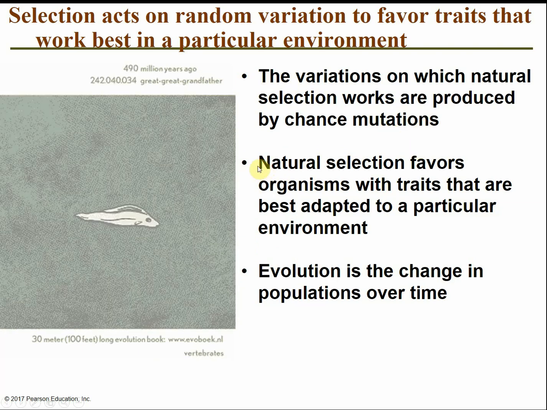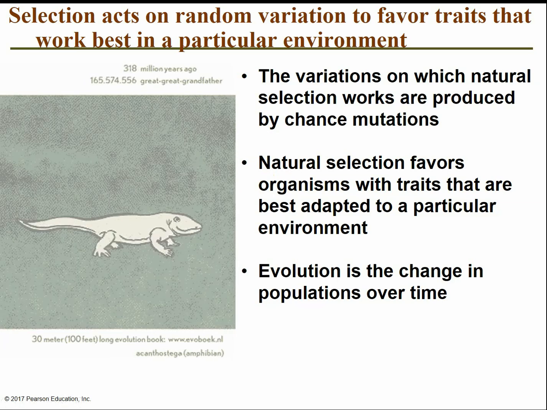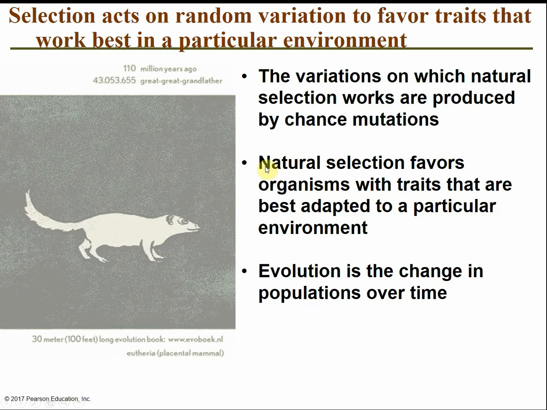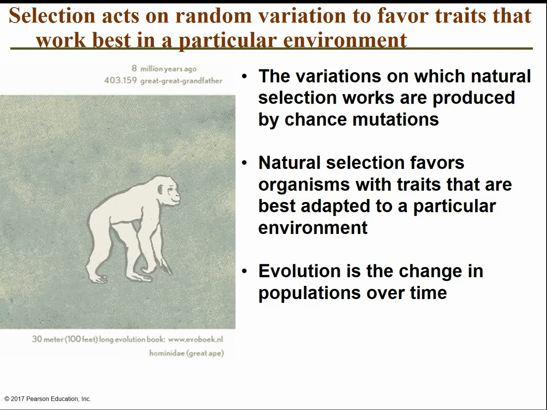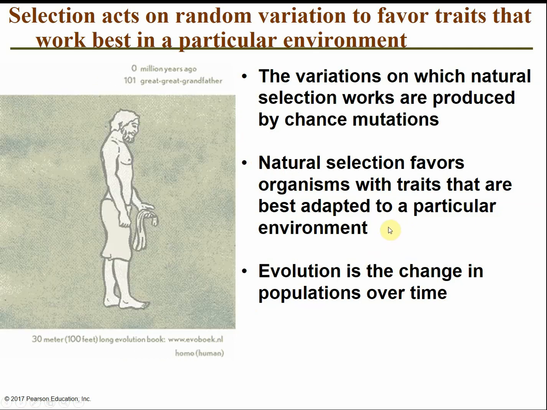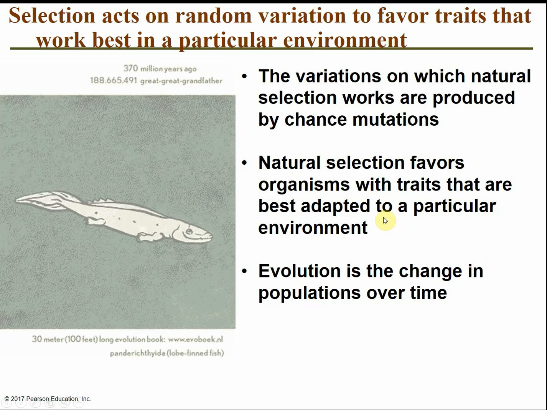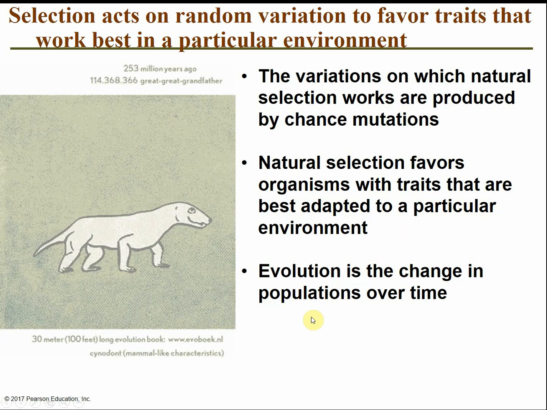These mutations are going to confer different traits, disadvantages, or advantages to an organism. Natural selection is going to favor organisms with traits that are better adapted to a particular environment. So again, evolution does not act on an individual, but it is the change in a population over time.